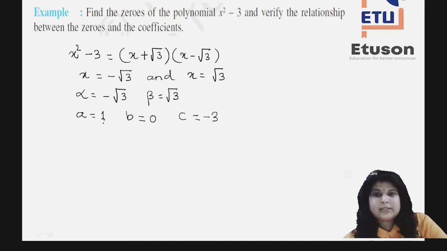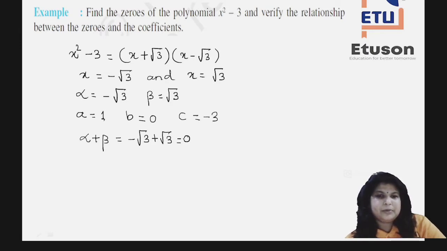So shall we check the relationship then? So alpha plus beta is minus root 3 plus root 3, that is equal to 0. So it should be compared with which value? That is minus b divided by a. What is minus b divided by a? It is 0 by 1, that is 0.